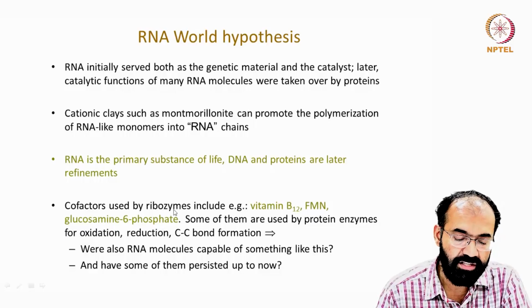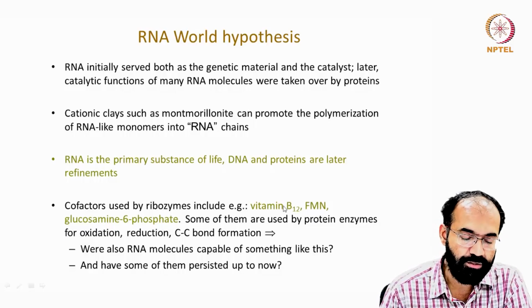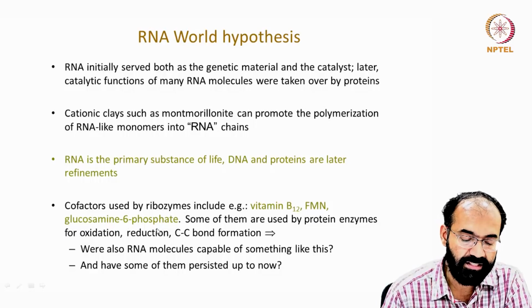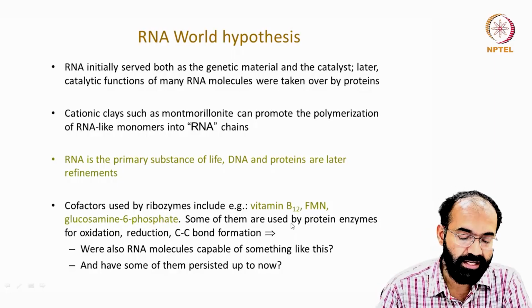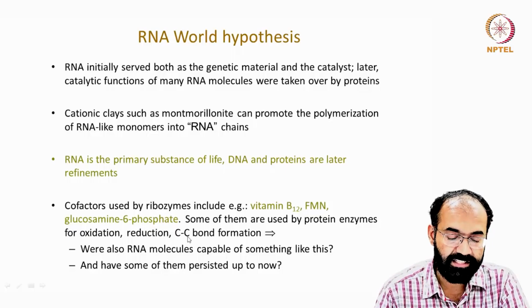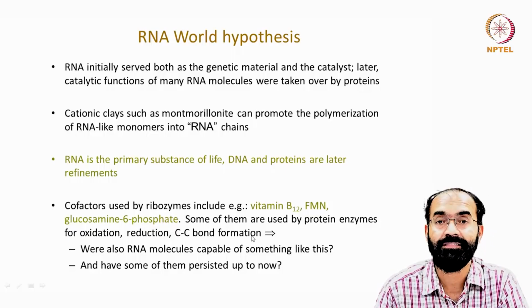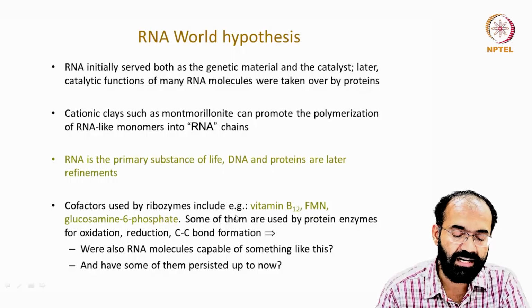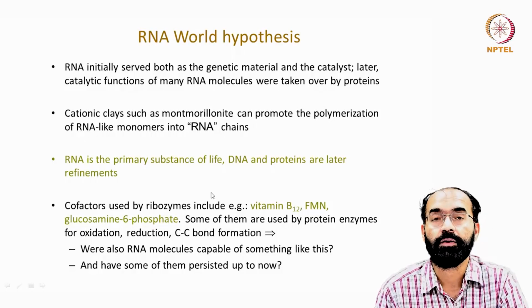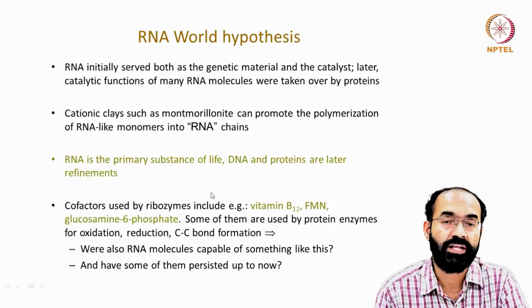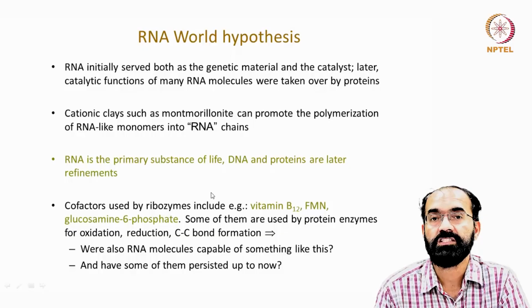Cofactors used in ribozymes include vitamin B12, FMN, glucosamine 6-phosphate, etc. Some of them are used by protein enzymes for oxidation, reduction and carbon-carbon bond formation even today. So what we should understand is that a lot of cofactors which RNA enzymes made use of are also being made use of by protein enzymes, and their role more or less remains the same.